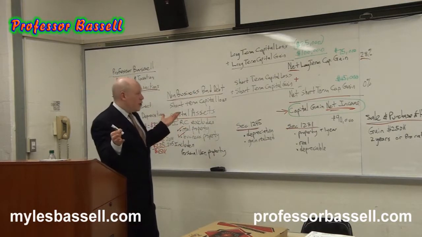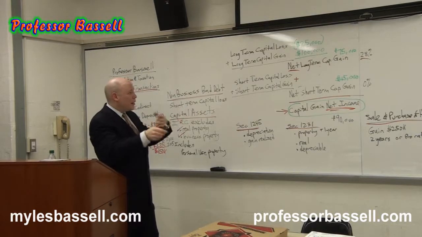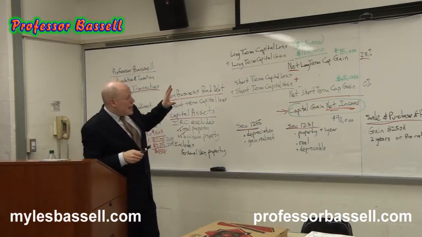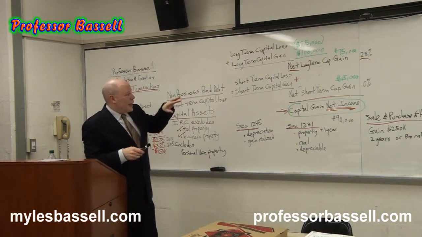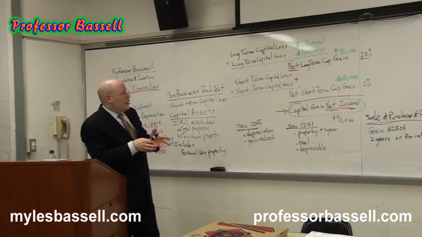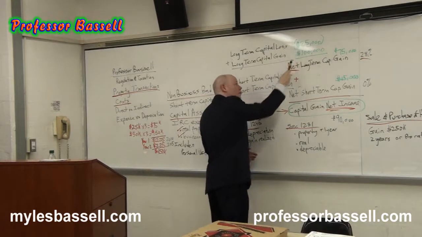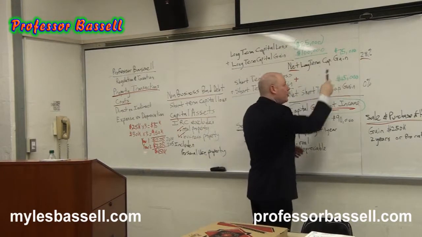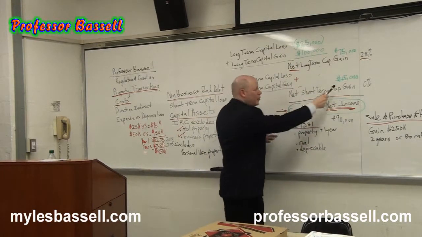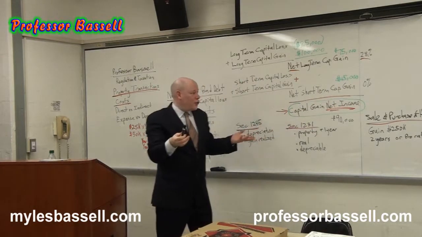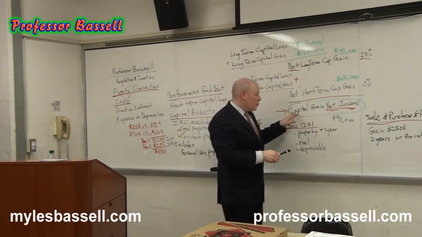The same methodology still applies. We know that the net short-term and long-term capital gain has got to be added together. So we do this first to get the net long-term capital gain, and this I told you, so you don't have to do any computation.